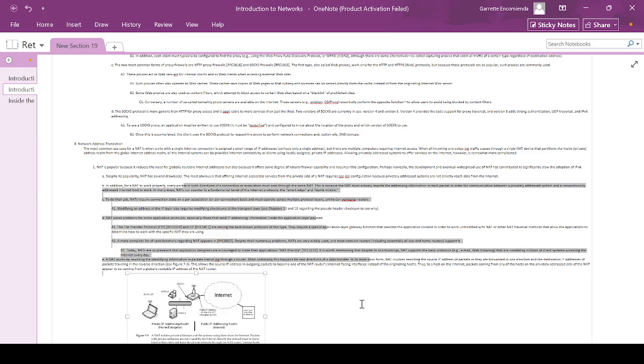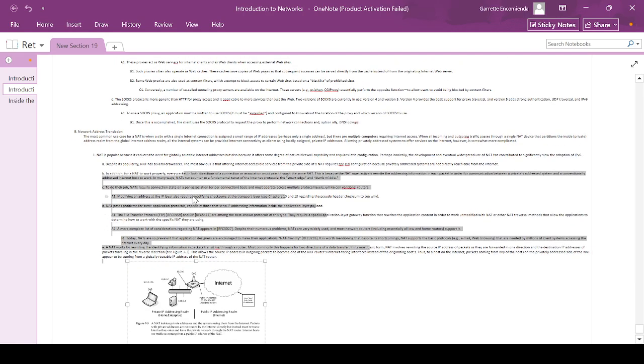In many ways, NATs run counter to a fundamental tenet of the Internet Protocol, the smart edge and dumb middle. To do their job, NATs require connection state on a per association or per connection basis and must operate across multiple protocol layers, unlike conventional routers.